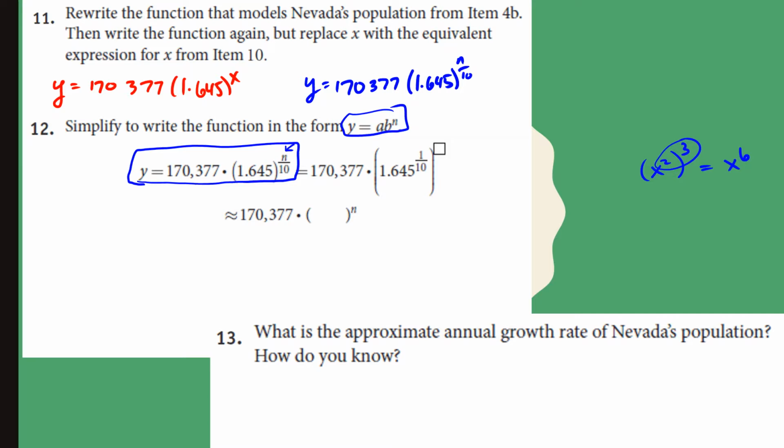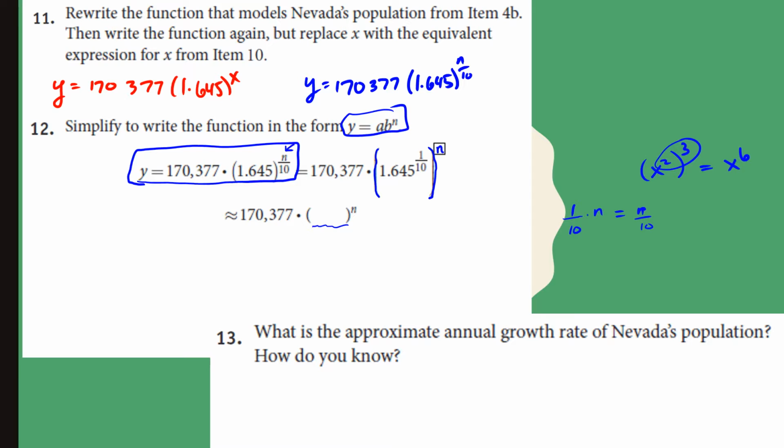So if I have 1.645 to the 1/10 times n, then 1/10 times n gives me n over 10. So basically, I just separated those, so I have something to the nth power. Now we have to figure out what 1.645 to the power of 1/10 is.